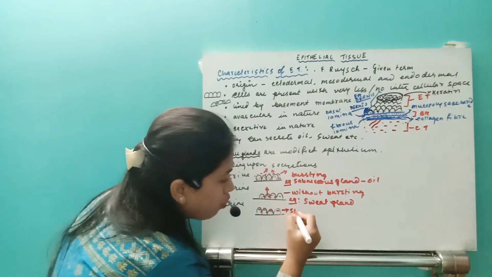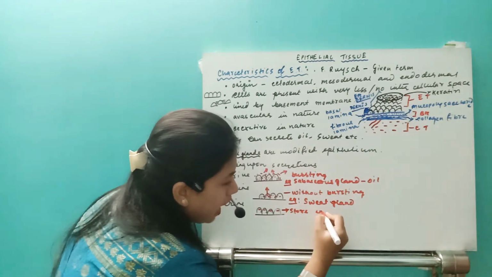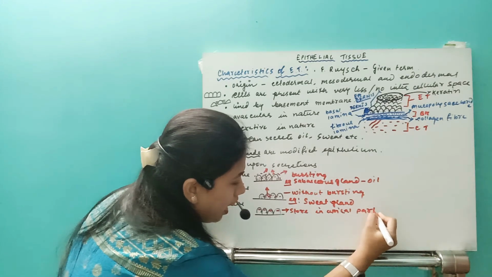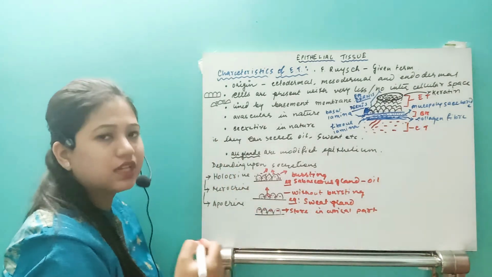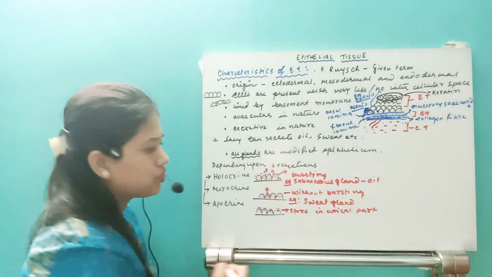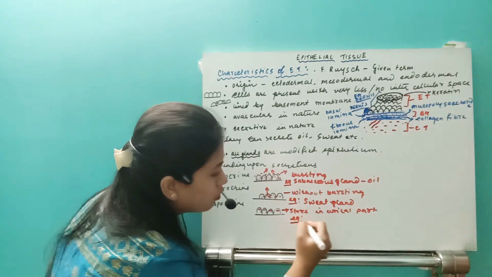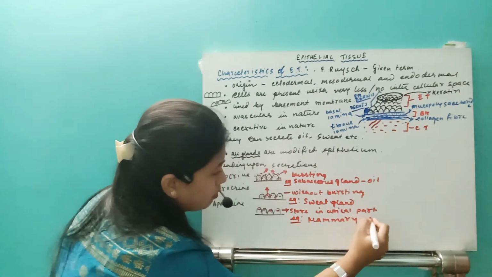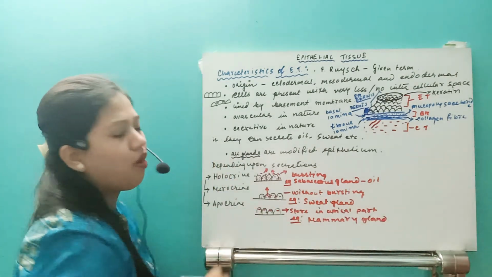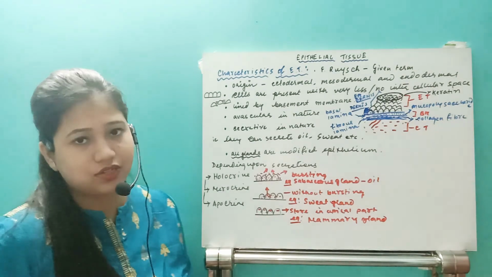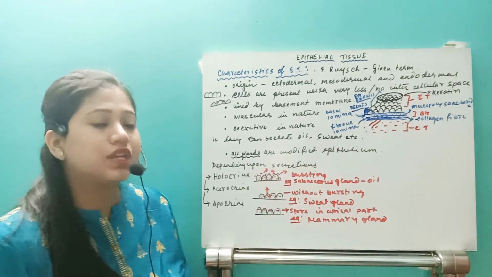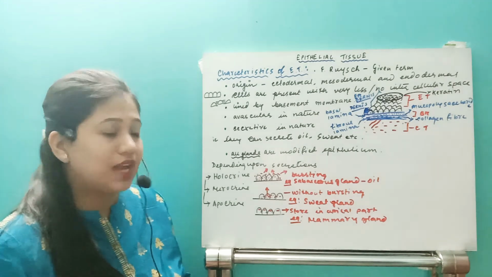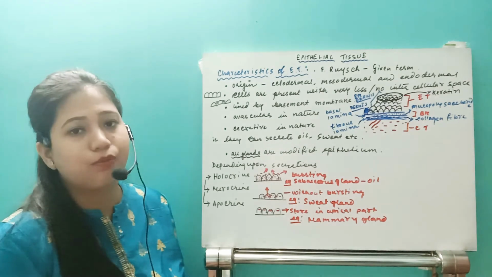So it's stored in the apical part, and whenever it is necessary it will secrete it just by exocytosis. One example I can give you is the mammary gland. So mammary gland is one example of apocrine gland, right? So we have three types of glands depending upon secretion. After that, let's move to the next type of glands.